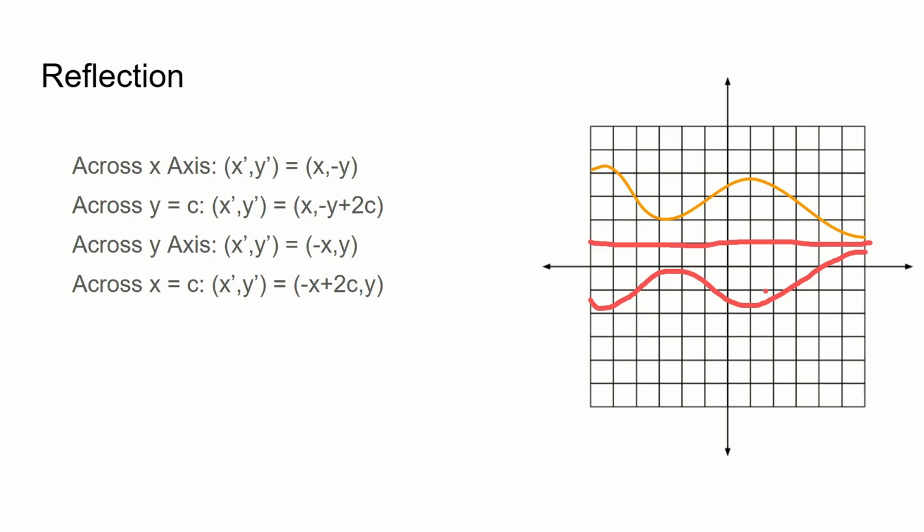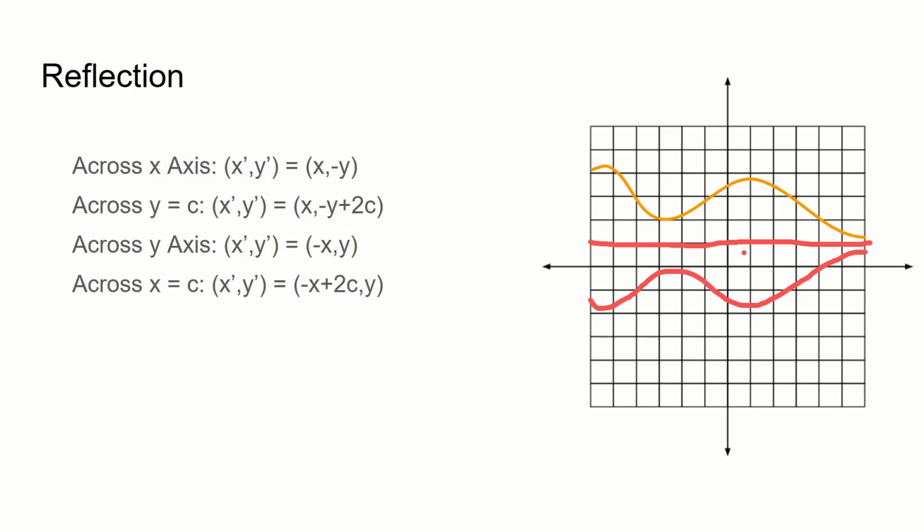It looks the exact same, and actually it is equivalent to a normal reflection, but then just transformed up. So here, instead of x comma negative y, it would be x comma negative y plus 2c, where c would be whatever the horizontal line is equal to.